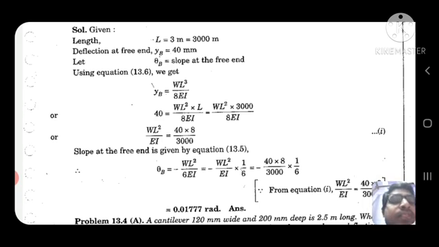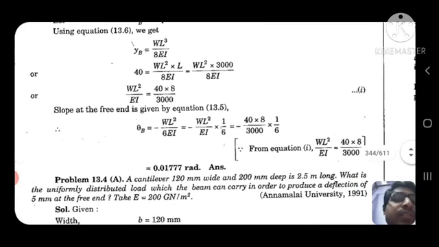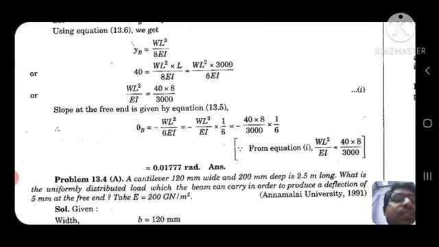Theta b is the slope at the free end. Using the equation yb is equal to WL cube by 8EI, 40 equal to WL square into L divided by 8EI, so WL square into 3000 divided by 8EI. So WL square by EI is equal to 40 into 8 by 3000.